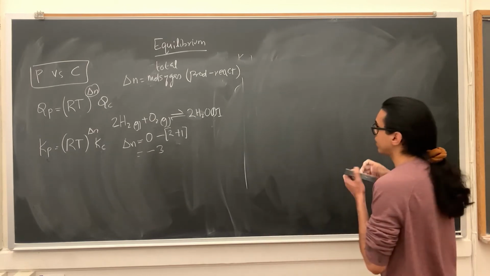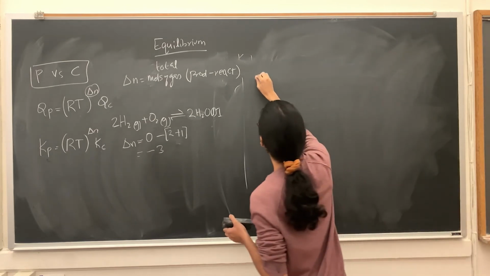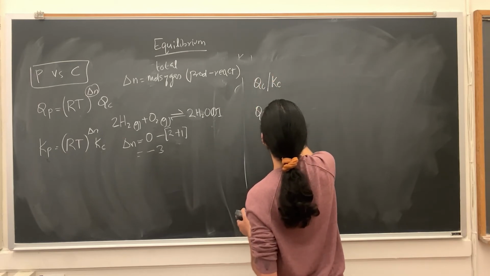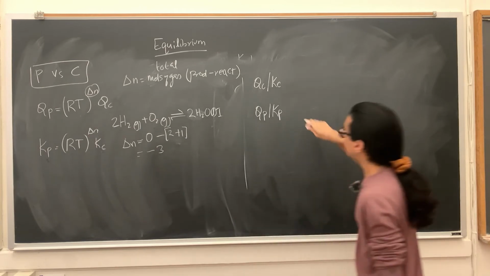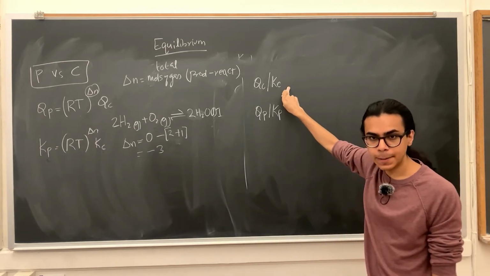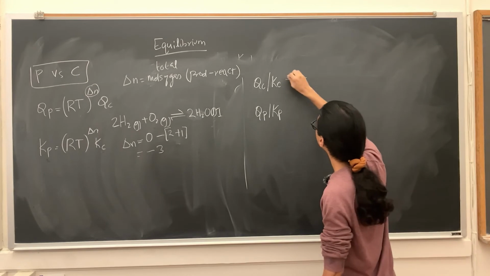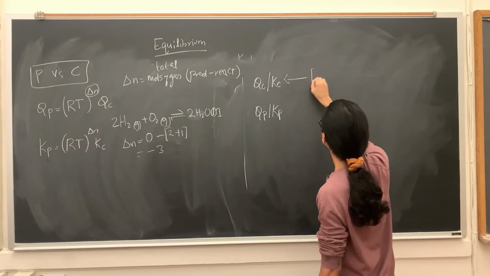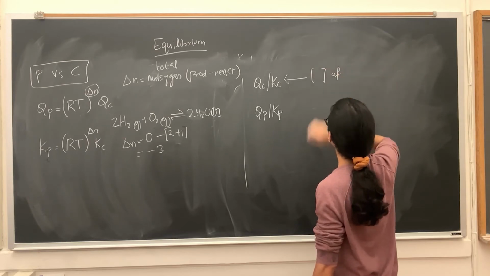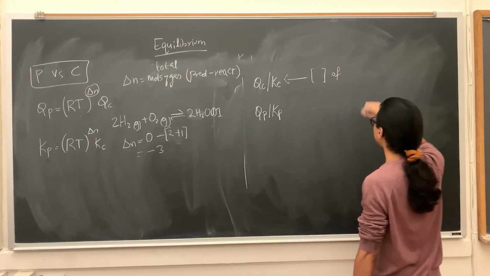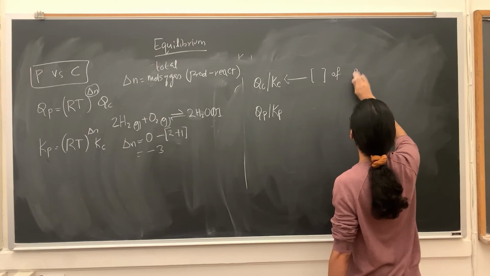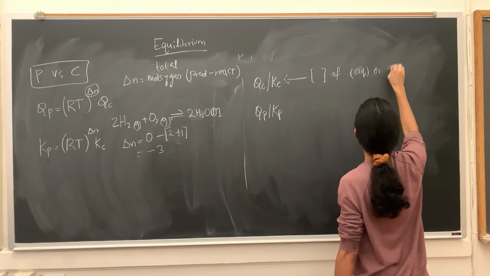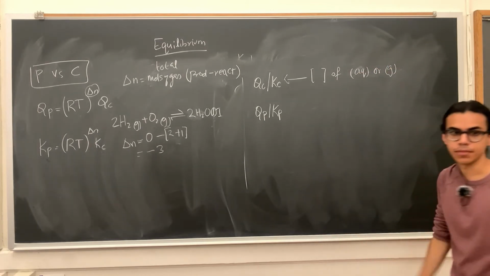Another fine note is if you have Qc or Kc, you can only input the molarities of species that are in aqueous state or gaseous state.